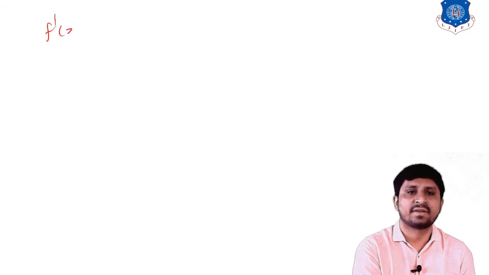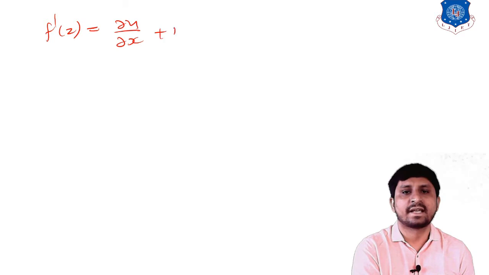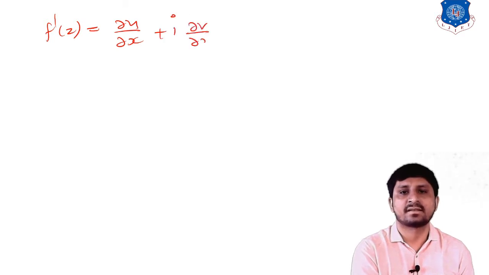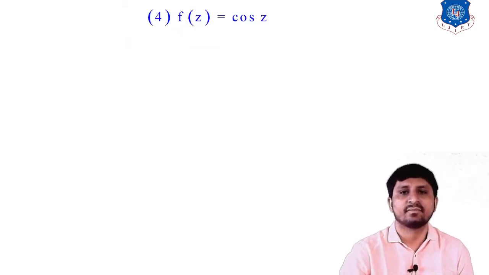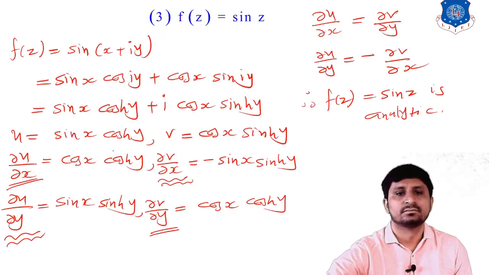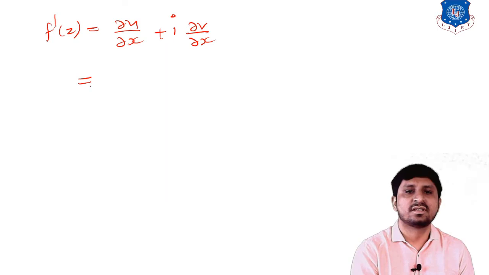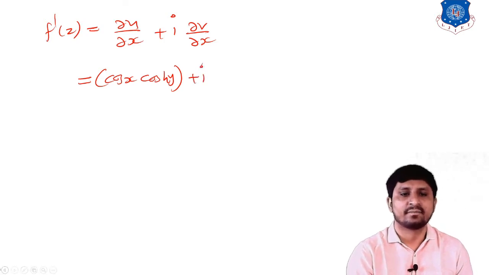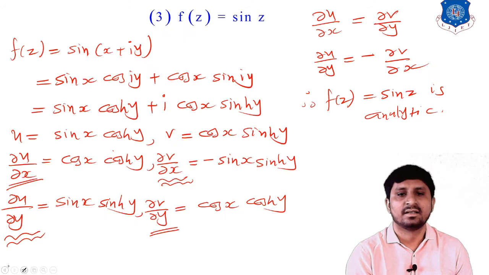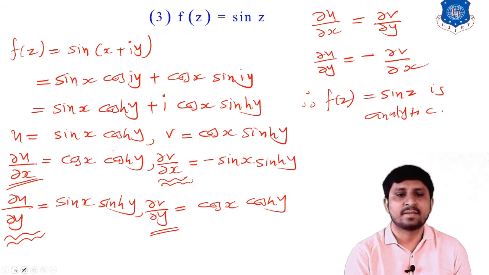So let's find f dash z. What is f dash z? F dash z is equal to del u by del x plus i del v by del x. Del u by del x is cos x cos hyperbolic y, plus i times del v by del x, which is minus sin x sin hyperbolic y.